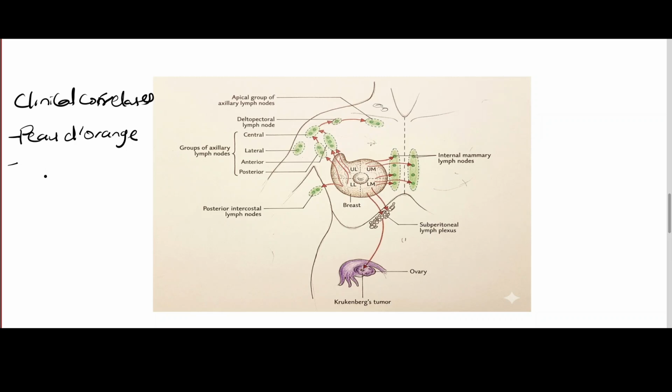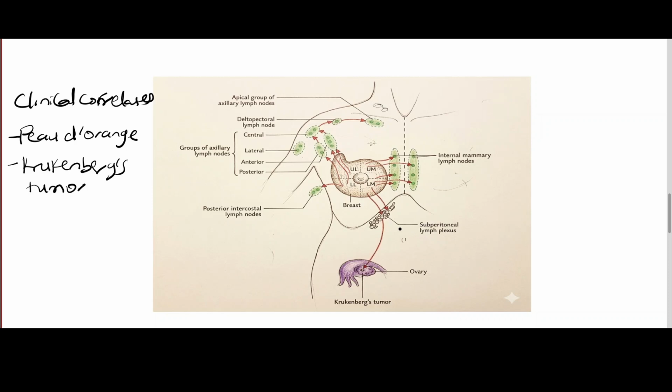We also talk about something called Krukenberg's tumor. This is a secondary ovarian tumor that results from spread of breast cancer through the subperitoneal lymph plexus.